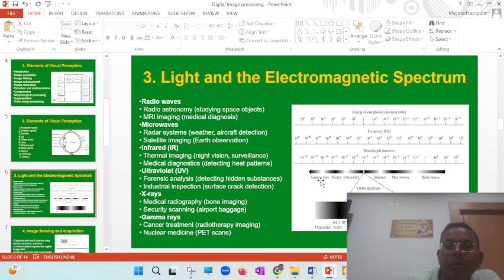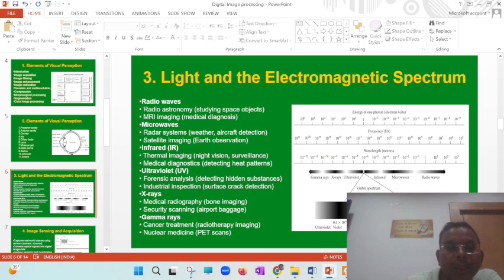Based on these different wavelengths, different kinds of imaging are used. Radio waves are used in radio astronomy and MRI imaging. Microwaves are used in radar systems and satellite imaging. Infrared is used in thermal imaging or medical diagnostics. Ultraviolet is used for forensic analysis and industrial inspection.